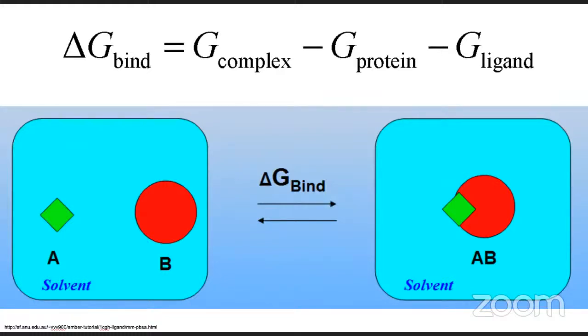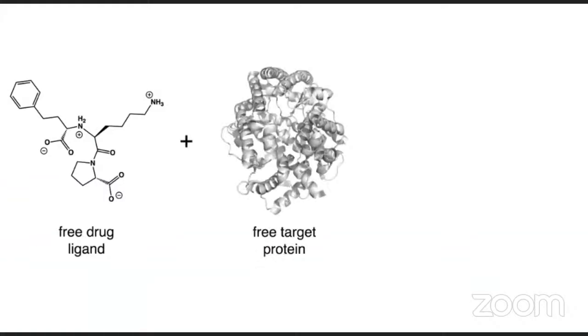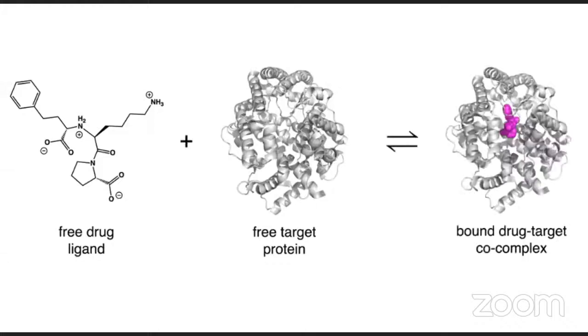But one thing that people forget to do is to remember that when you have a free drug ligand in your system, and you have a protein target, what you are expecting is that the drug will bind to the particular protein. But remember that this should be considered as a reversible process, right?